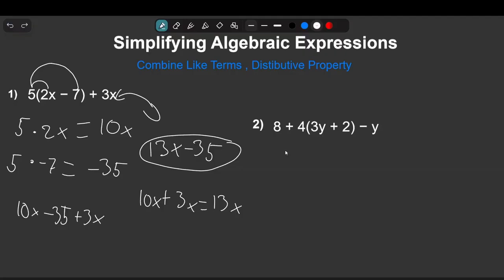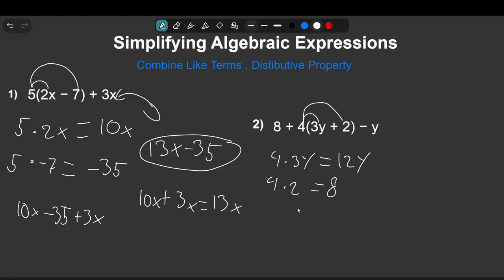So first, we're going to do 4 times 3y and 4 times 2. 4 times 3y equals 12y. And 4 times 2 equals 8.